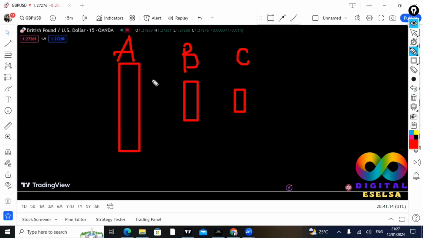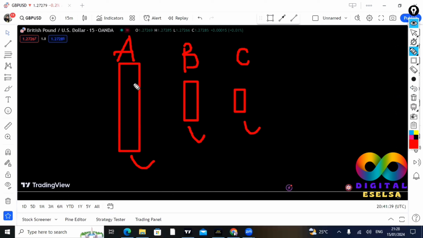So I want to talk on the candlestick body. Whenever you see a bearish candle whose open price is above and close price is below, and the candlestick has a very big body, and you see that when it comes to body size, this one has the strongest body, this one follows, and this one has the least body size.